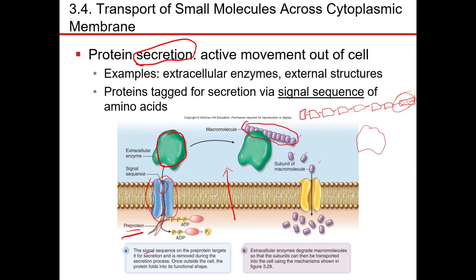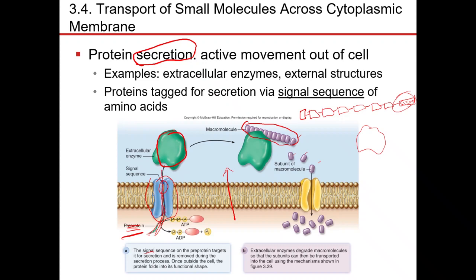And this orange bit is the signal sequence. Before the protein folds into its specific shape, it's called a pre-protein. So the pre-protein is sent out through the protein channel. That is possible because you're sending out just a chain of amino acids, and this chain of amino acids can very easily squeeze through this protein channel.